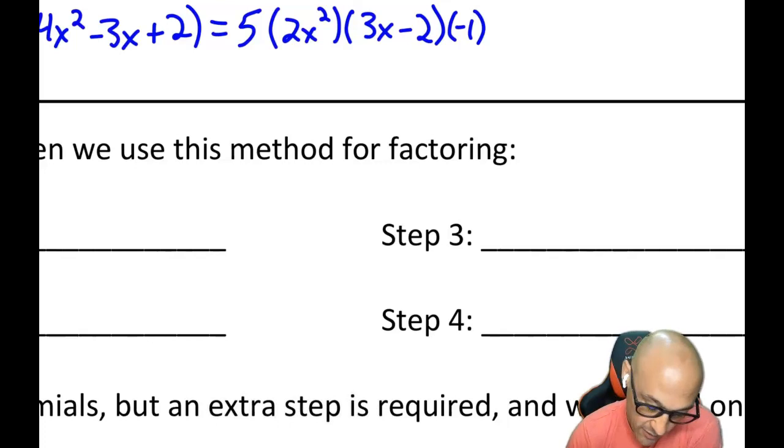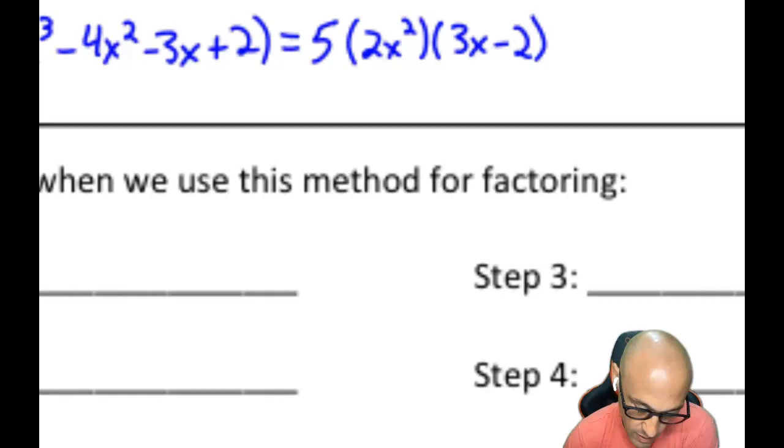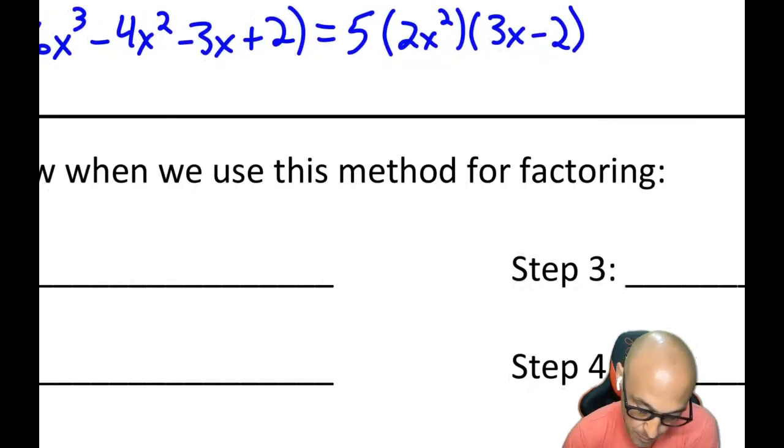And when we factor a negative 1 out of negative 3x, it's a positive. Whoops. So that's going to be minus. I need to put in a set of parentheses here around the whole thing because we're multiplying all of this by 5. So we need a set of parentheses there. So we're going to factor out a negative 1.